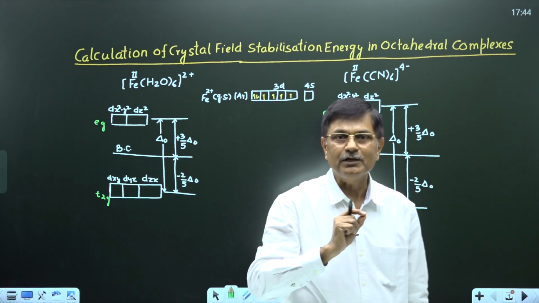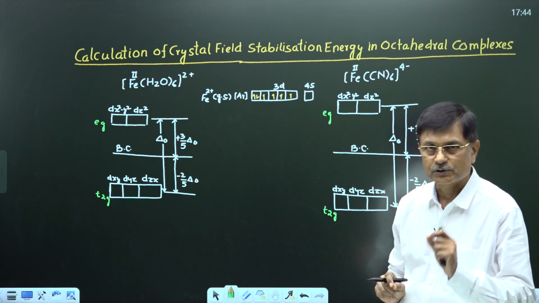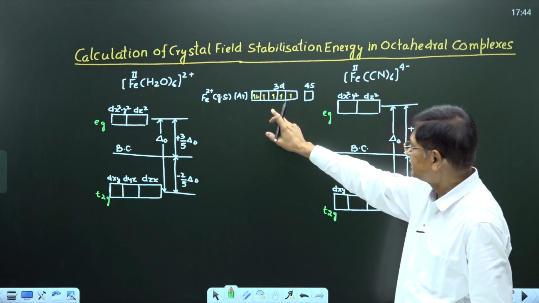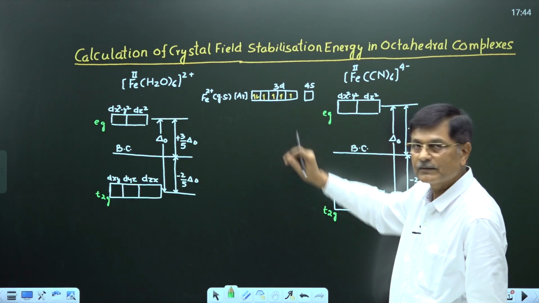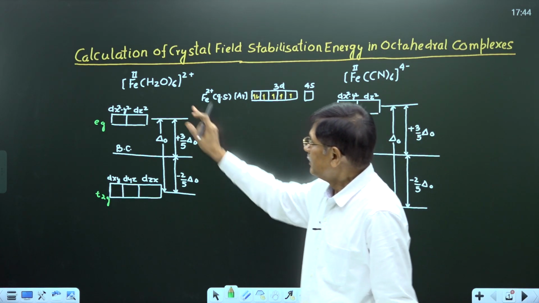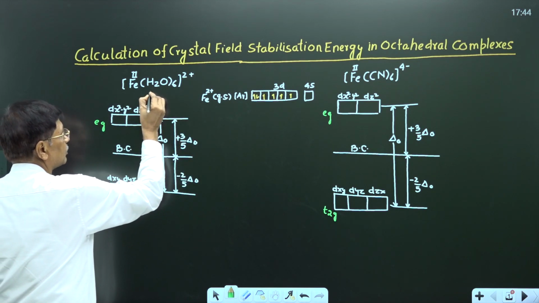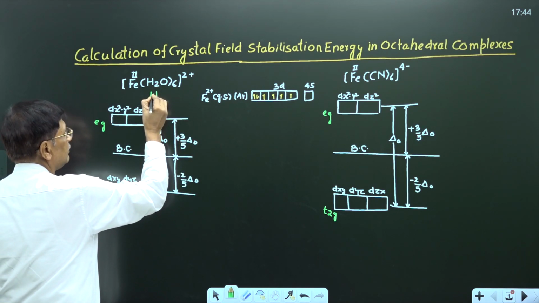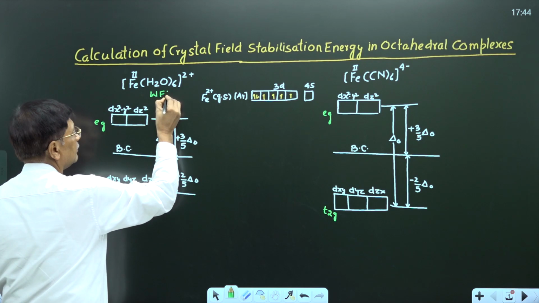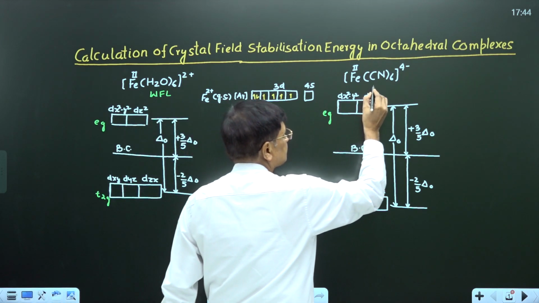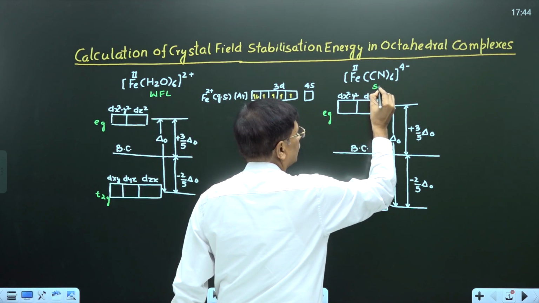In its 3d orbitals, there are 6 electrons and its electronic distribution is like this. You know, students, water molecules are weak field ligand, WFL, while cyanides are strong field ligand.